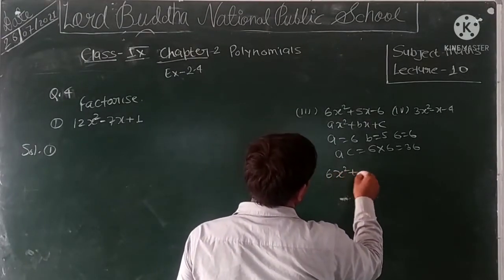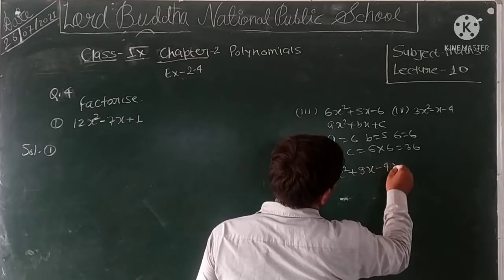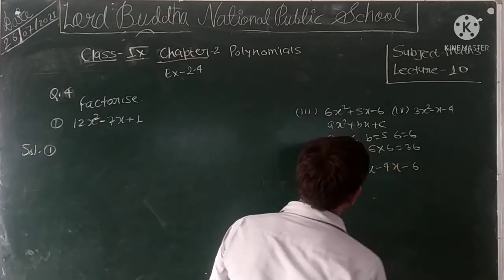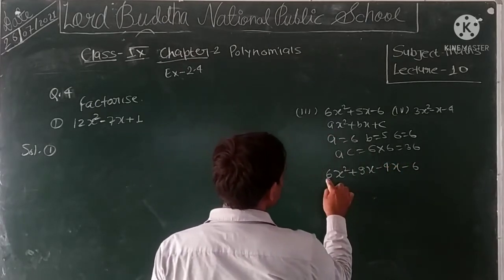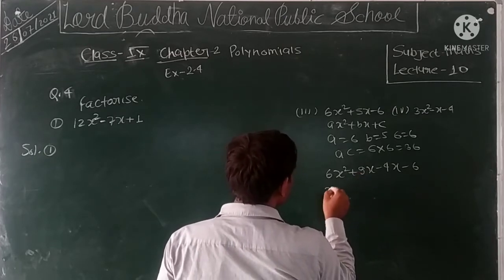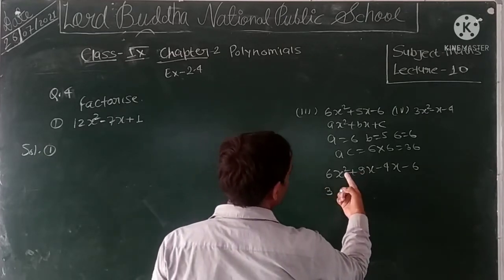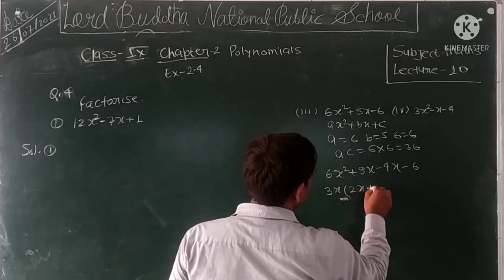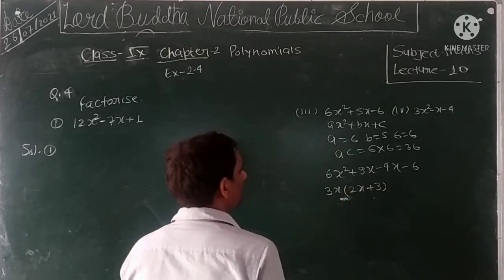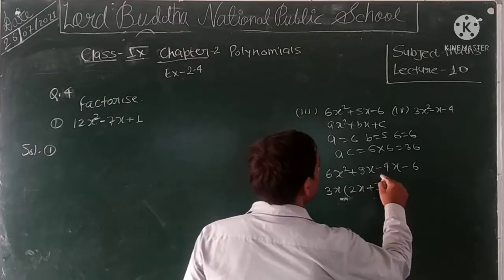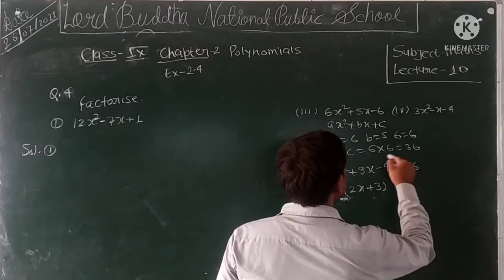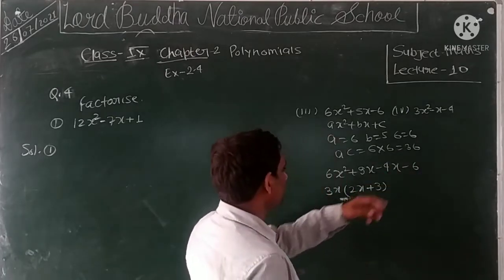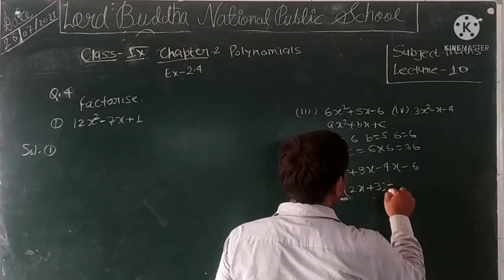Now, we write as 6x square plus 9x minus 4x minus 6. Okay. We see that 3 into 2, 3 into 3, hence we take 3x common. 2x plus 3. As here 2x plus 3, after taking common this will also be 2x plus 3. Hence, first of all, we take the negative sign common.